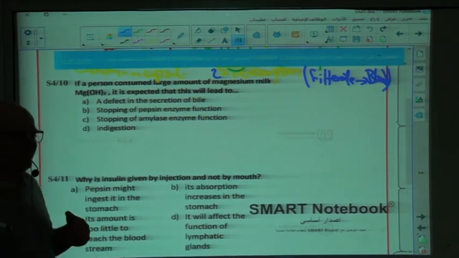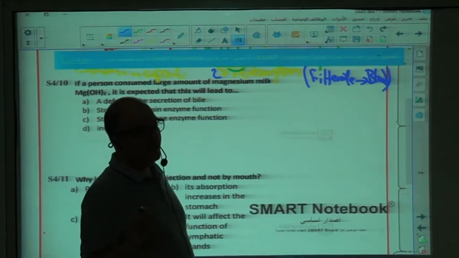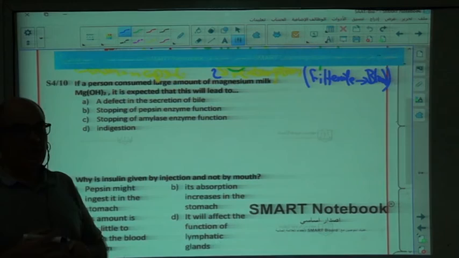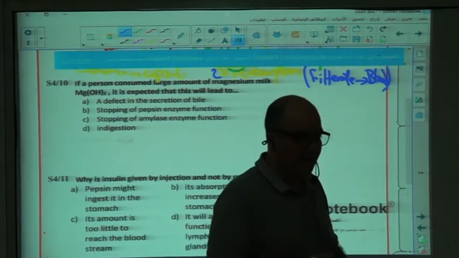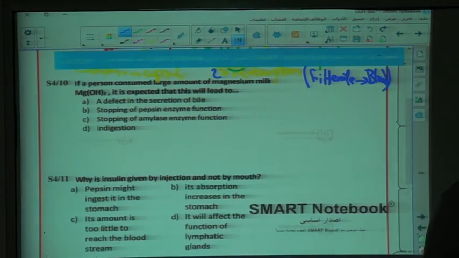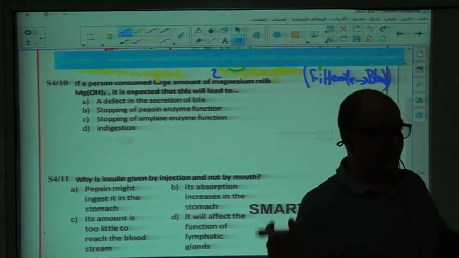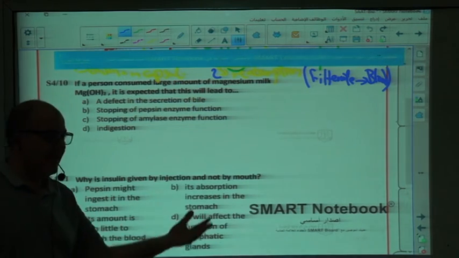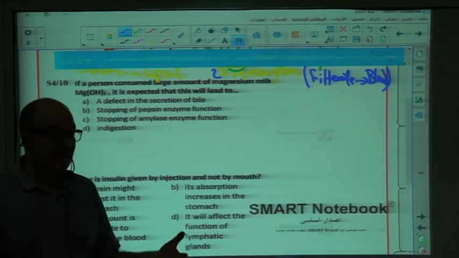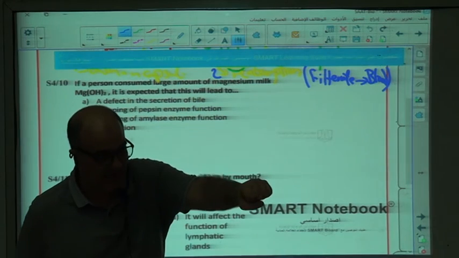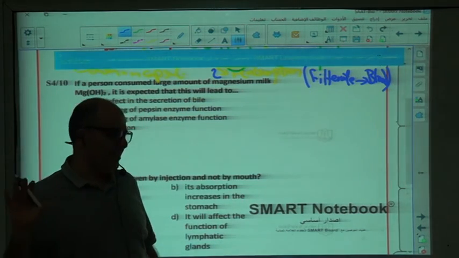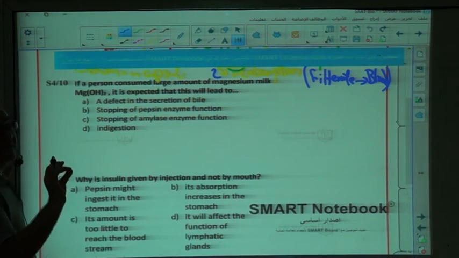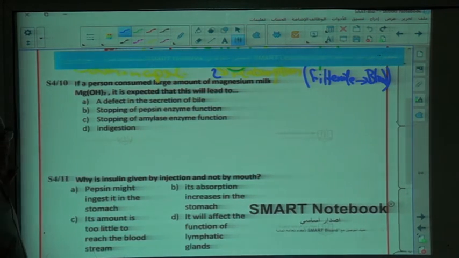Look guys, now the digestive system, we have the mouth, esophagus, stomach, small intestine, large intestine. Clear? Now you know we have mechanical and chemical digestion. The mechanical is by teeth and muscles, and the chemical by enzymes. Now we need to know what happens inside the mouth. We will talk about the chemical, not the mechanical.